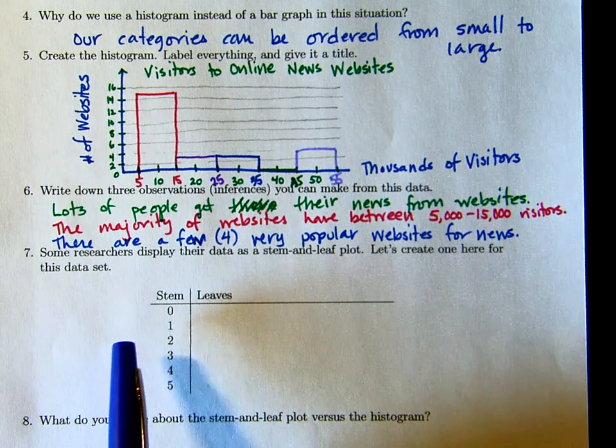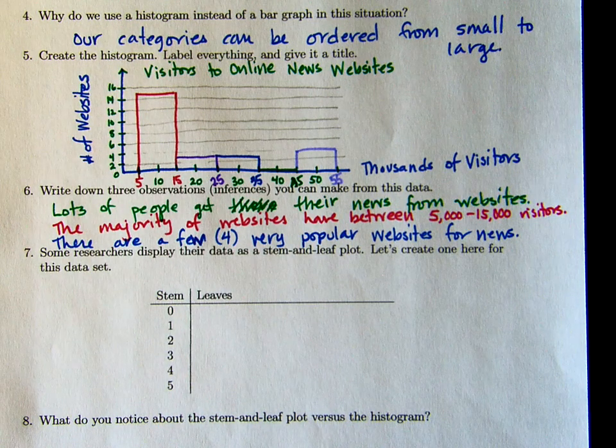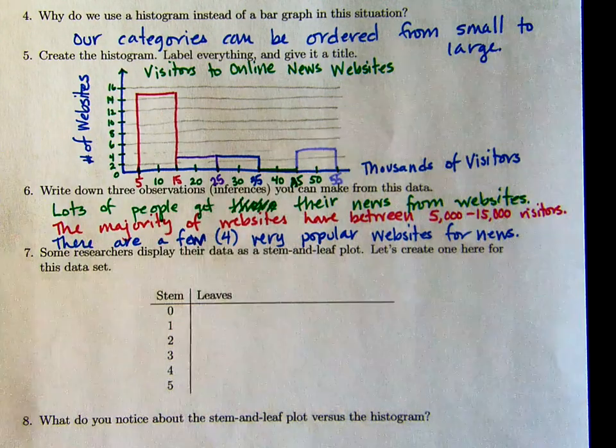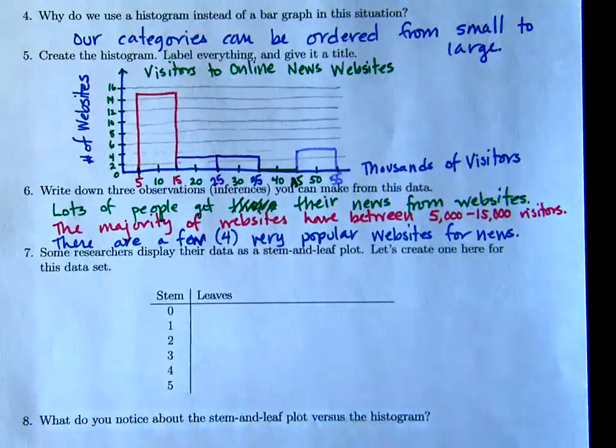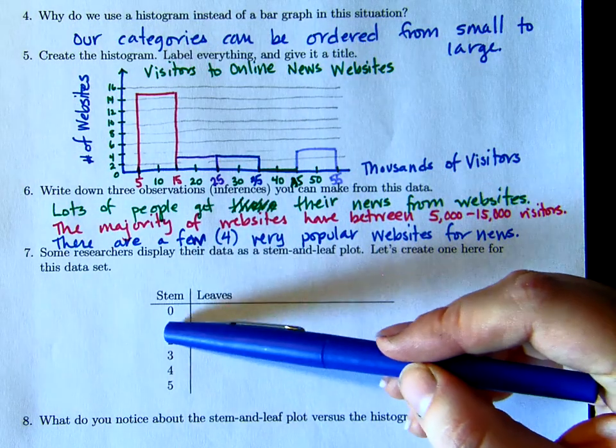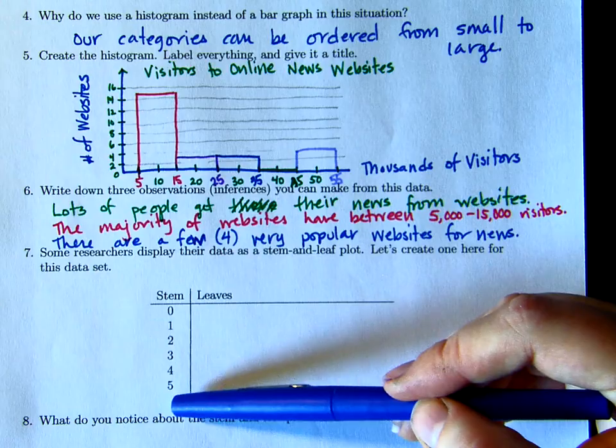Okay. Some researchers display their data as stem and leaf plots. Let's create one here for this data set. So here's what's up. There's 0, 1, 2, 3, 4, 5.